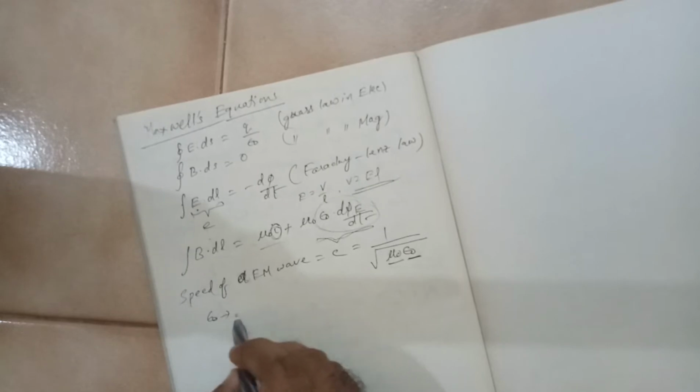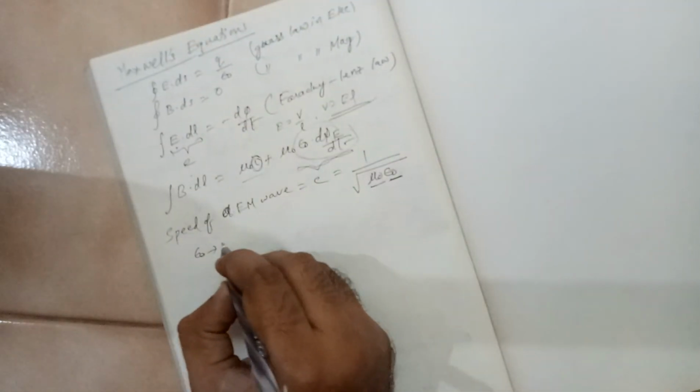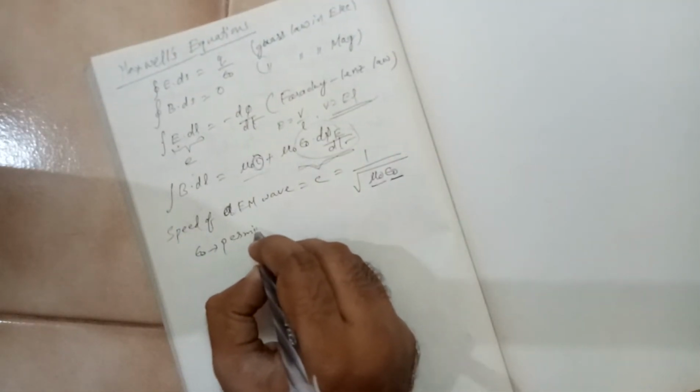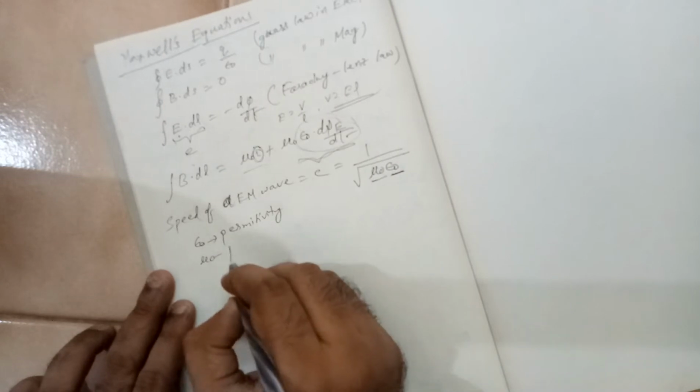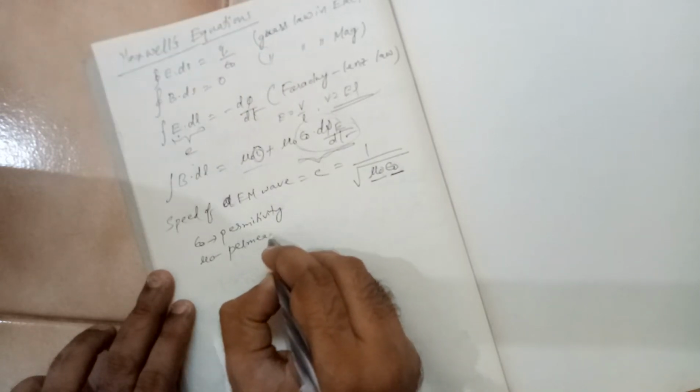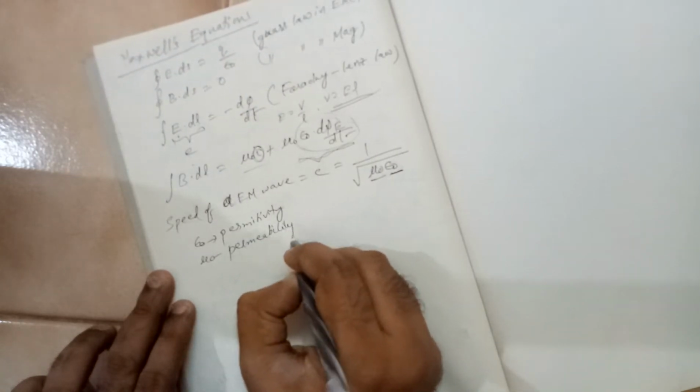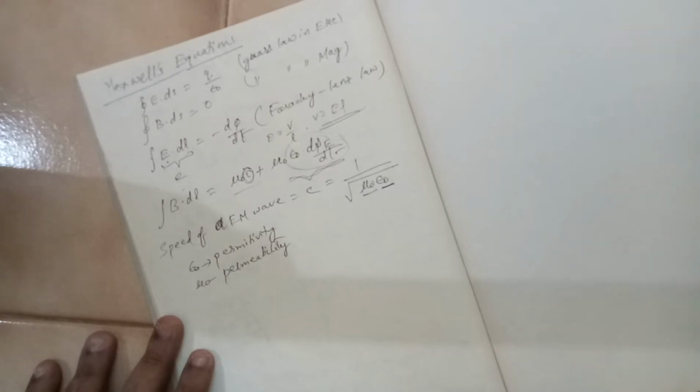What is epsilon naught? It is permittivity in free space, and mu naught, as we have seen in magnetism, is permeability. And here we are talking about free space, not any other medium. So the value of c can be obtained by this formula.